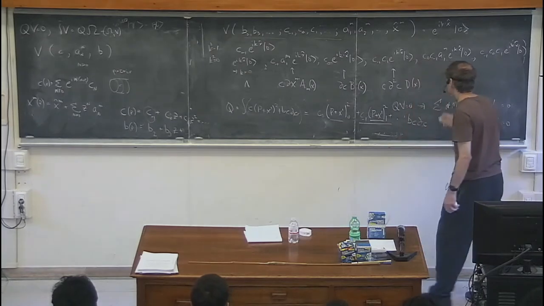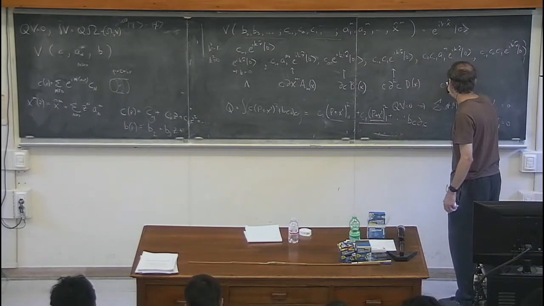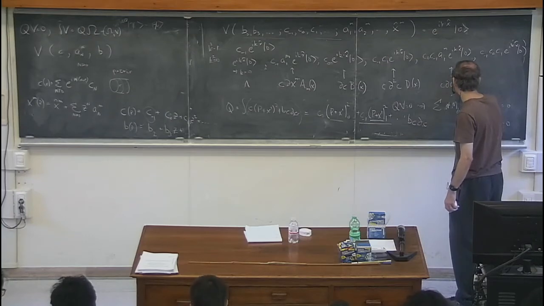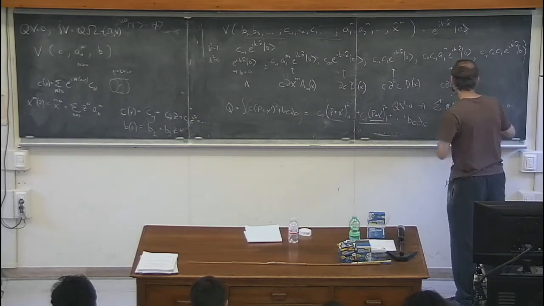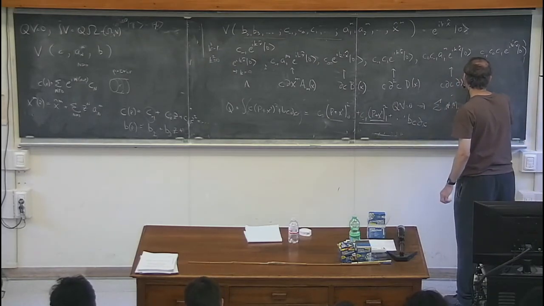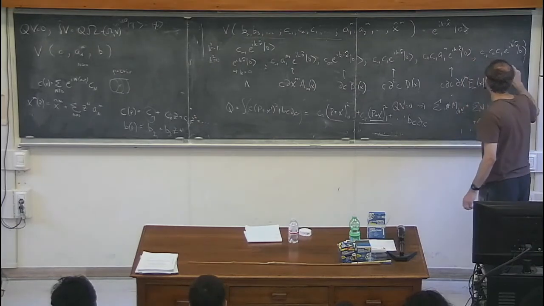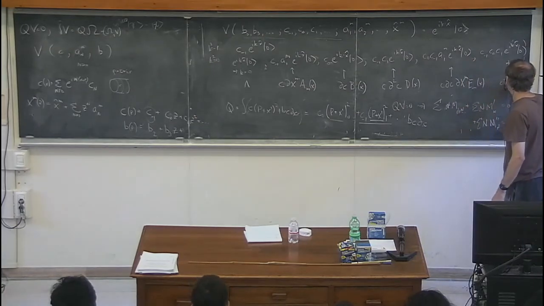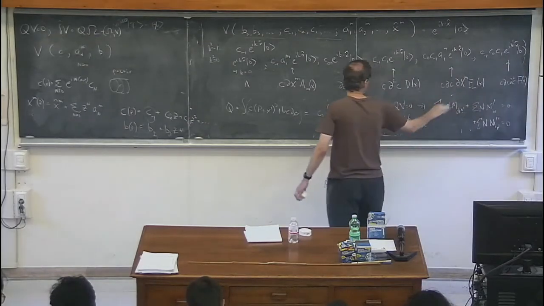Here I have C dc. Let's call this new letter E m of x times dxm. So I'm just writing these different operators here.